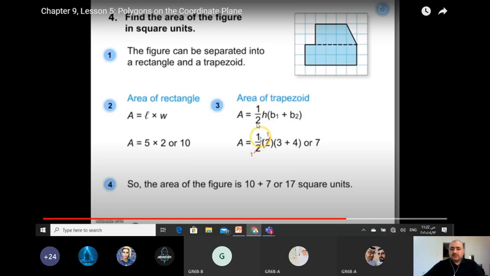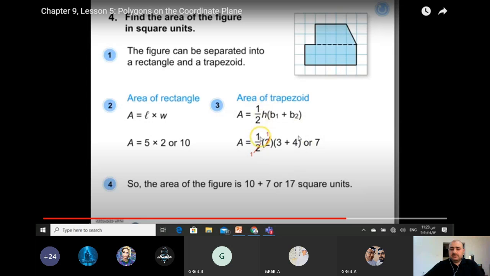Then substitute. A equals 1 over 2 multiplied by the height. This is the height, 1, 2. So put here 2. And this is the small base up here, 1, 2, 3. So write here 3. Plus the big base. This is the big base, 1, 2, 3, 4.